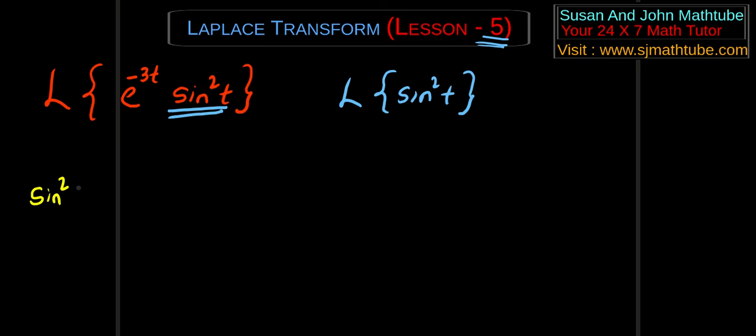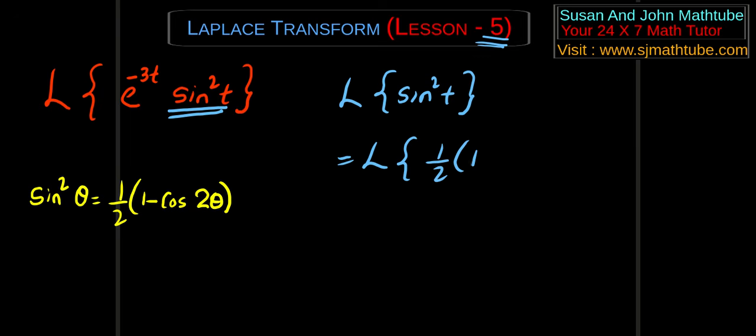Sine square theta will be 1 by 2, 1 minus, tell me please, 1 minus what? 1 minus cos double the angle. And that means this will be equal to Laplace of 1 by 2, 1 minus cos double that angle.